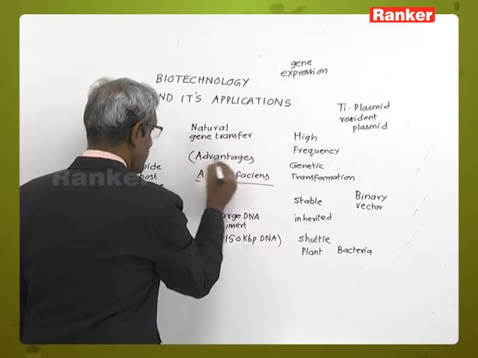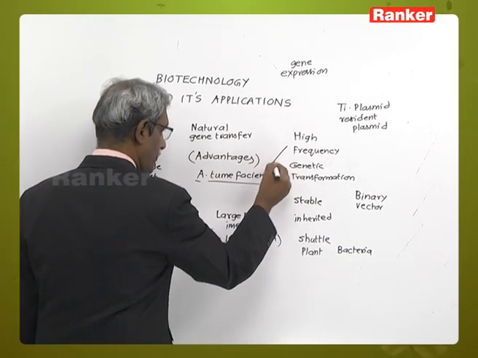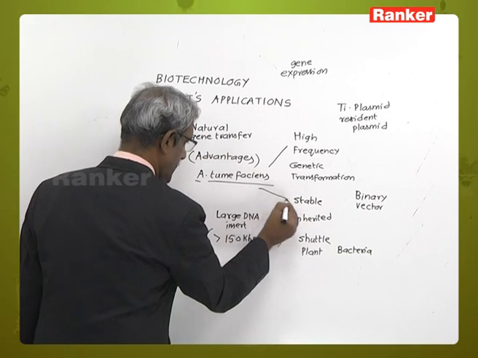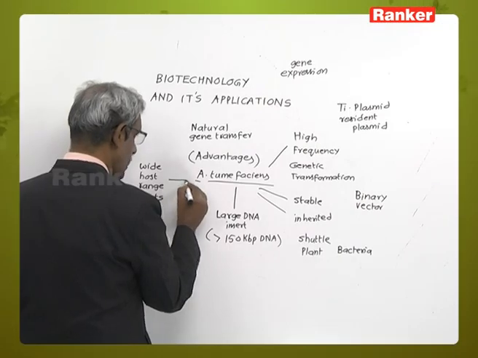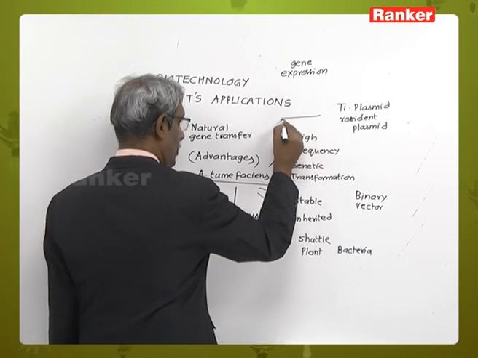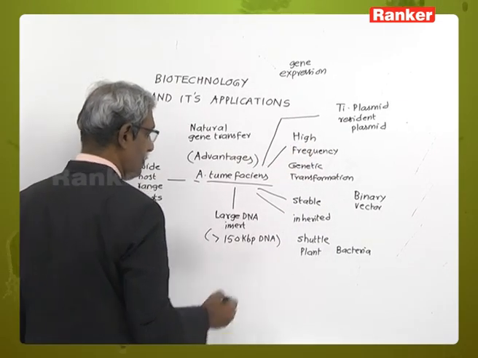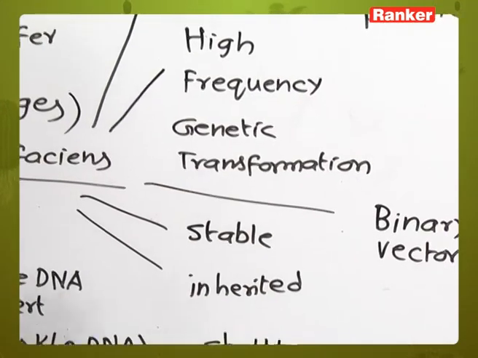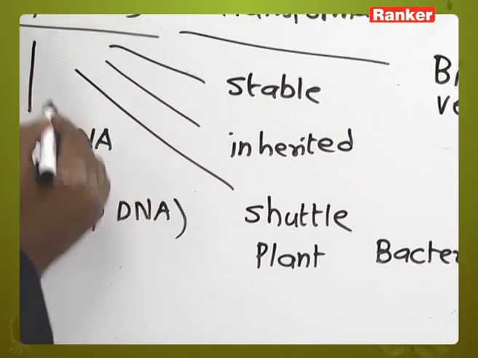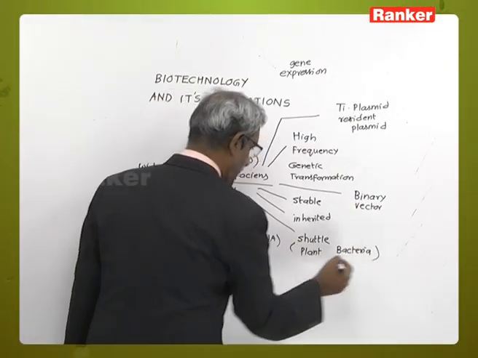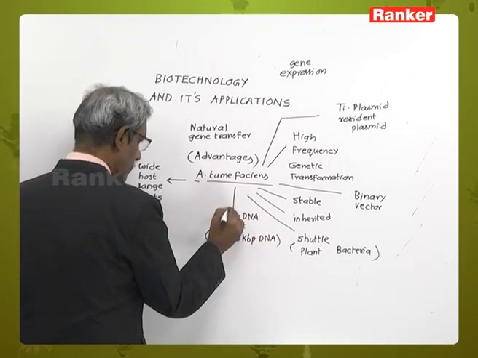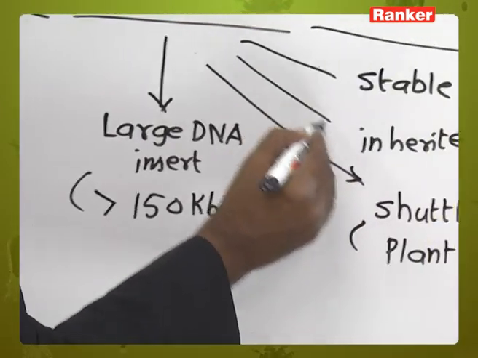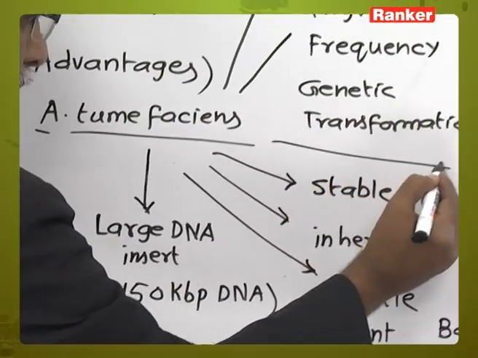The advantages of Agrobacterium tumefaciens are that it shows high frequency gene transfer, it is stable, it is inherited, it has a large DNA insert, and it has a wide host range. Then the TI plasmid is a resident plasmid. It is also a binary vector, called a shuttle vector, and it can express in bacteria and also in plants. So, these are the advantages of Agrobacterium tumefaciens.